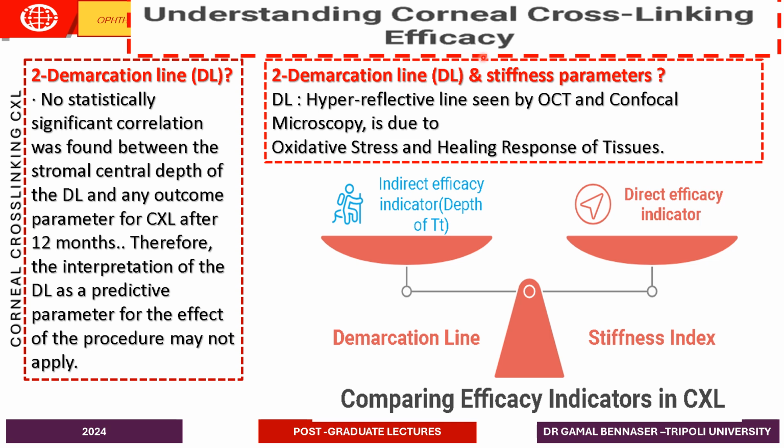This should be very clearly understood: even if you find a good demarcation line in your OCT, this doesn't mean you have halted the progression of the disease, and you still need to assess the patient's stiffness parameters to comfortably say that this patient is safe and there will be no more progression. So this is very important to understand.